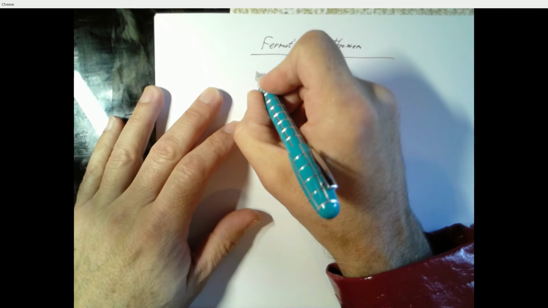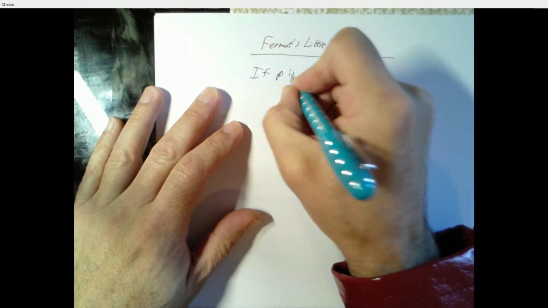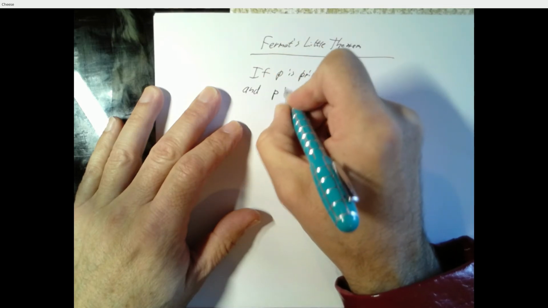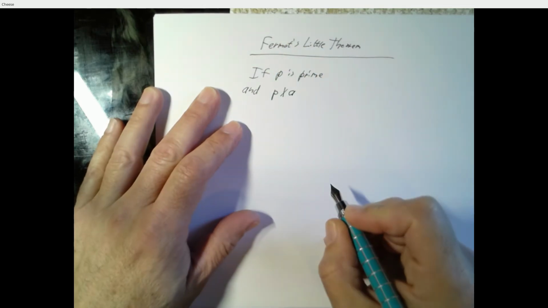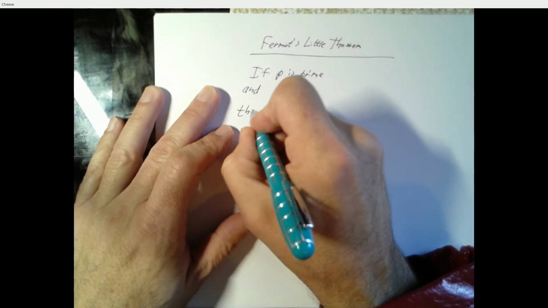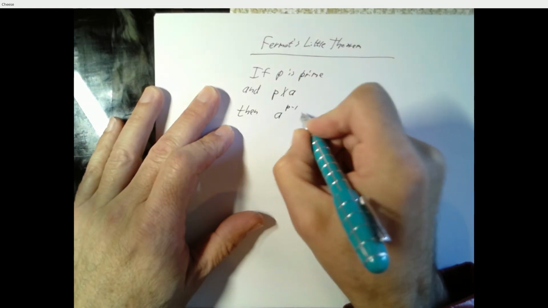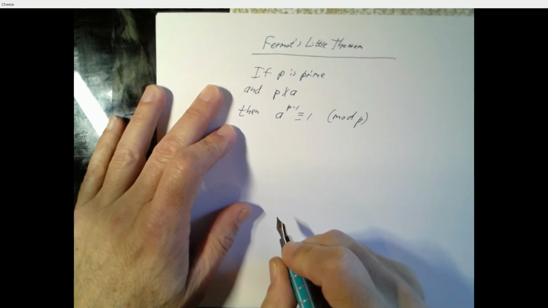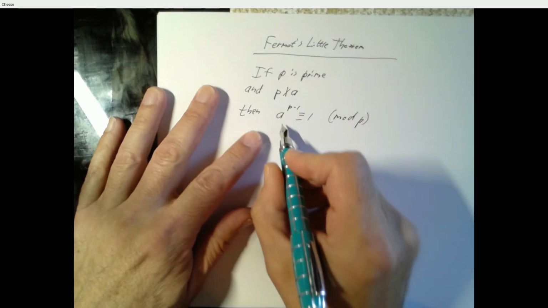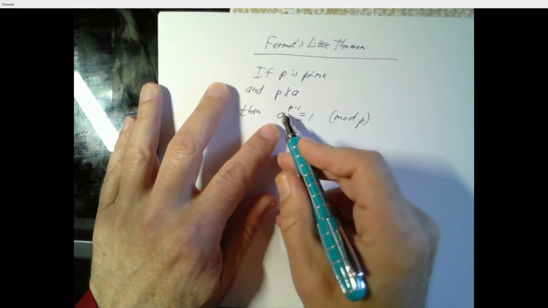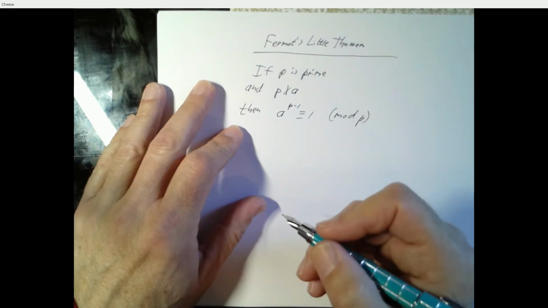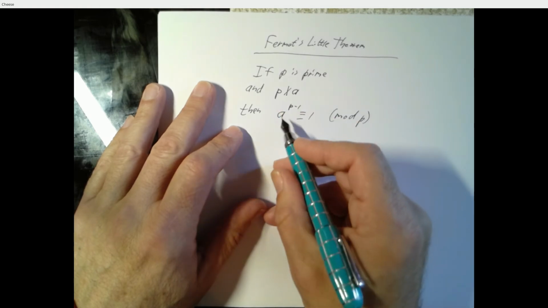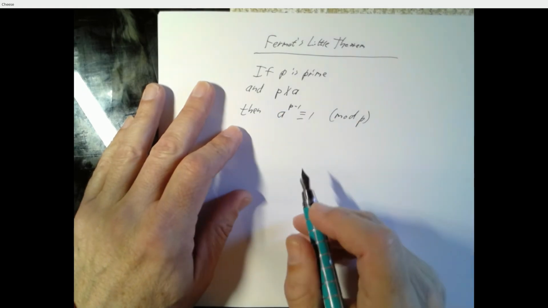And it states the following: if P is prime and A is some integer which is not a multiple of P, then A to the P minus 1 is congruent to 1 mod P. Now clearly if A is a multiple of P, then A is congruent to 0 mod P, so any power of A is going to be congruent to 0, so that's not an interesting case. So in all interesting, reasonable cases, if P is a prime, any number raised to the P minus 1 is one more than a multiple of P.